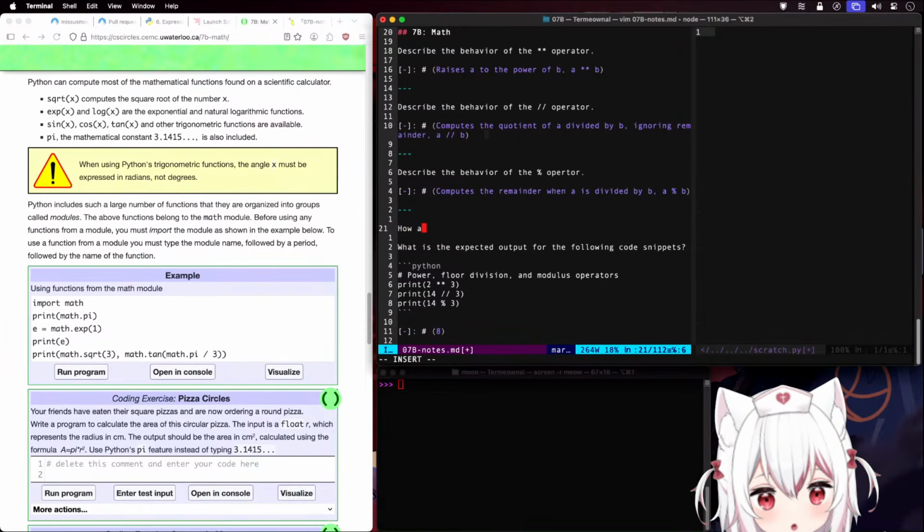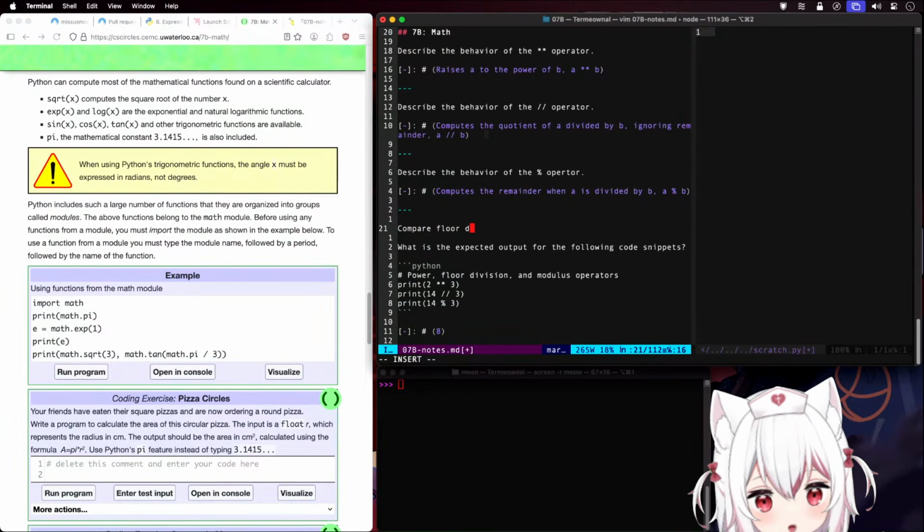How are floor division and integer division compare? Floor division and integer division?